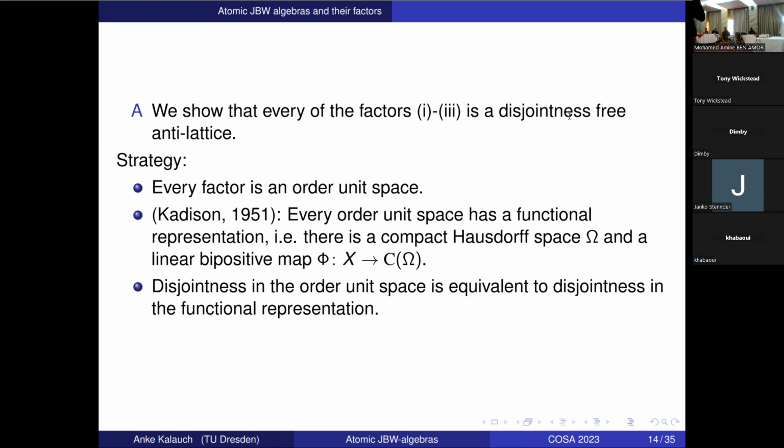And if you have those, then disjointness translates from our order unit space to the functional representation. So this is nice because in the C of omega, you have functions, you can see what disjointness means. Yeah, it's pointwise disjointness there. So that's why we want to do this. So this is the third point. Disjointness in the order unit space is then equivalent to disjointness in the functional representation.